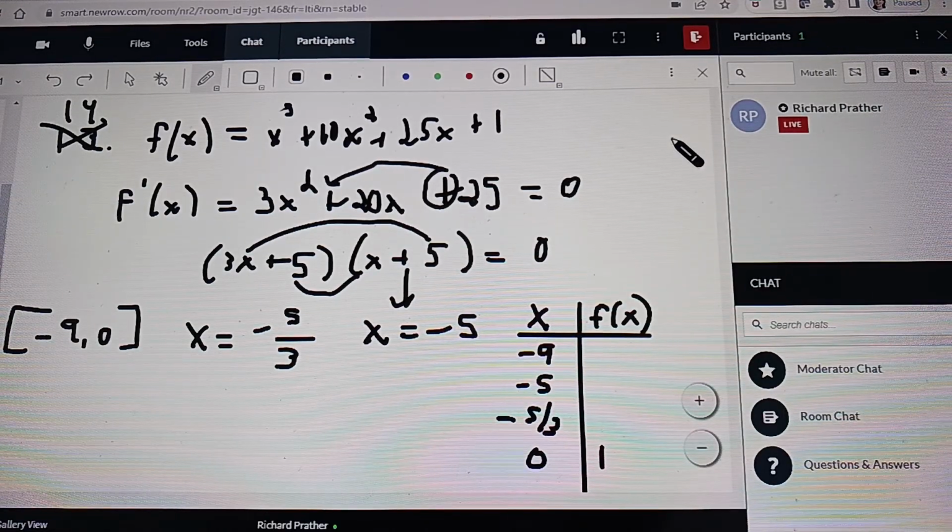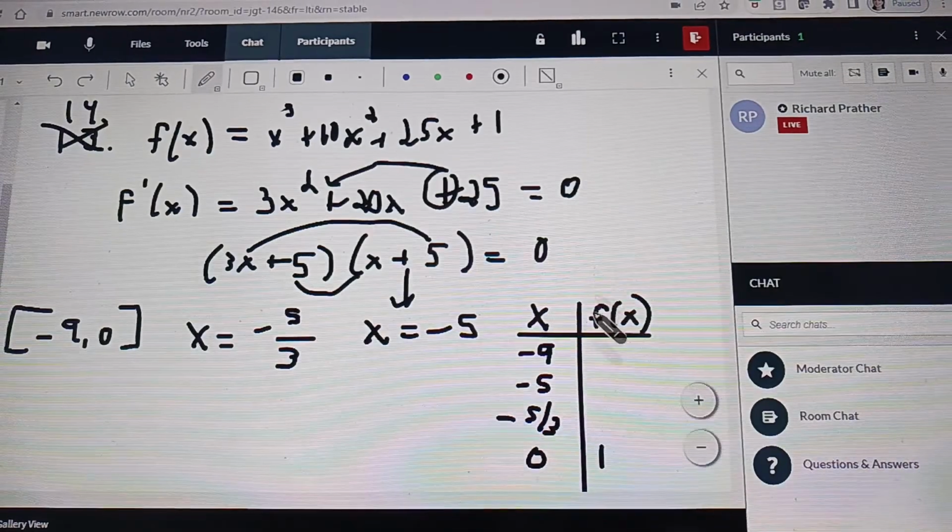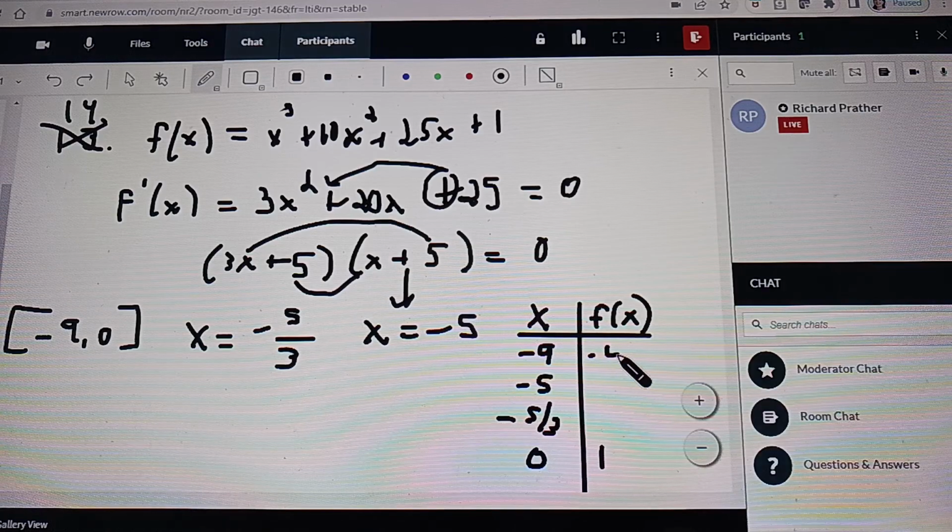Let's plug all the rest in. So first I'll do -9 cubed plus 10 times -9 squared plus 25 times -9 plus 1. Whoops, I forgot the 1. So I plugged in -9 and I got -143.